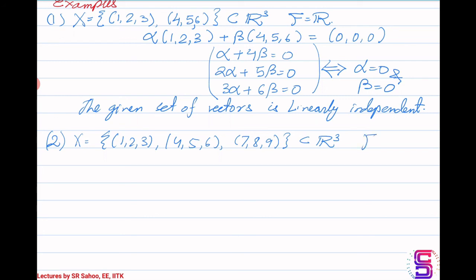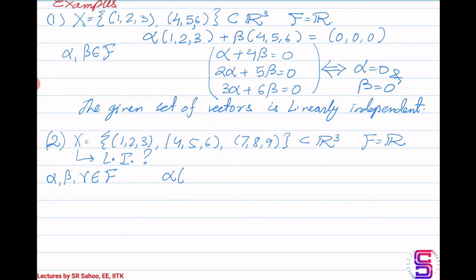I am considering the field to be reals, and we have to check whether this set is linearly independent or not. Take up 3 unknown scalars from the field. Let us label them as alpha, beta, gamma. They belong to the field of reals.